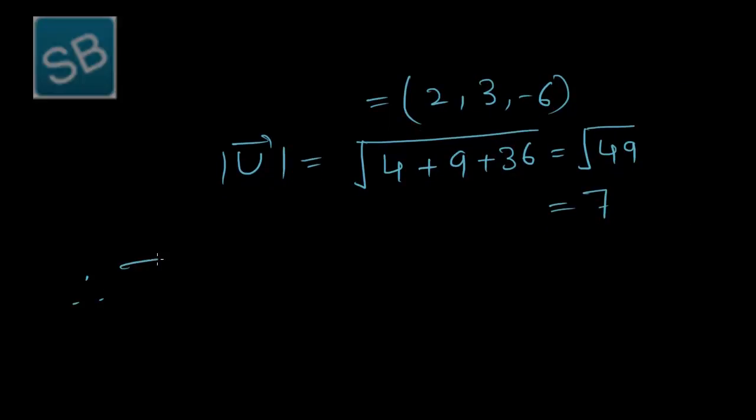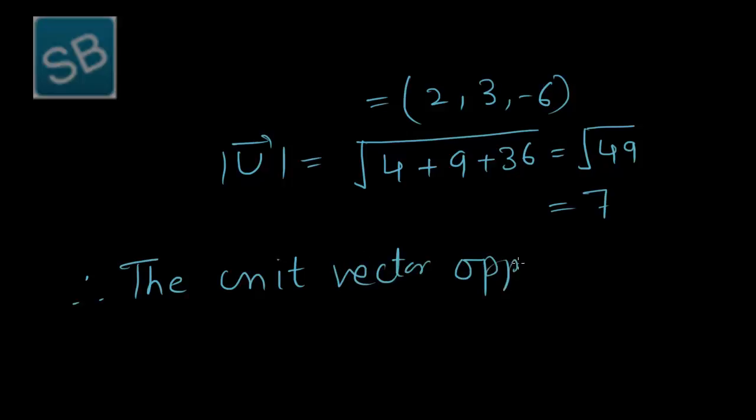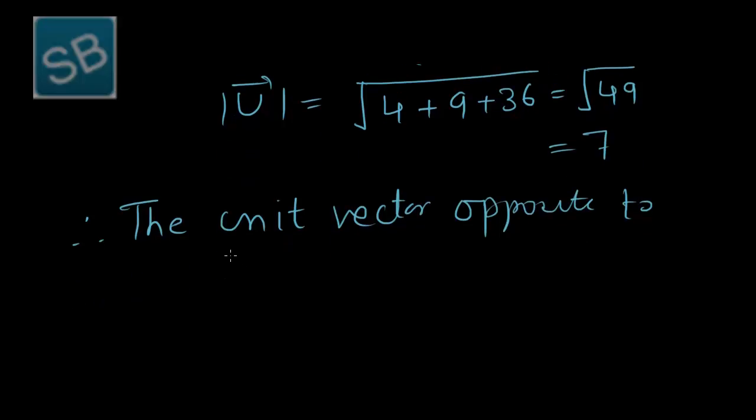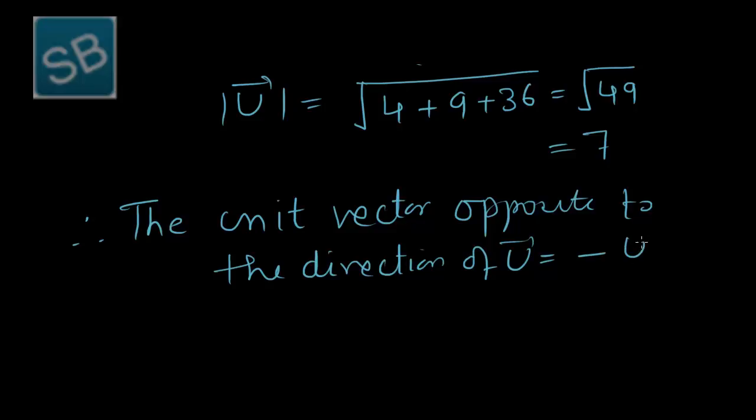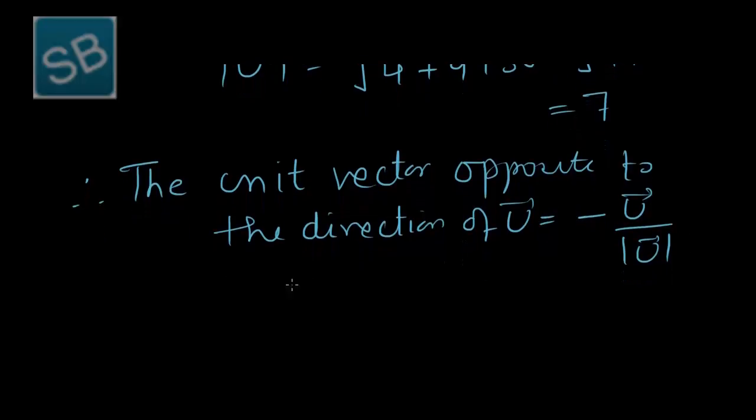Therefore, the unit vector opposite to the direction of u is minus vector u over its magnitude. As it is the opposite direction, the minus sign indicates the opposite direction.